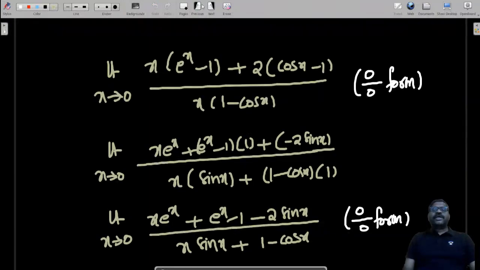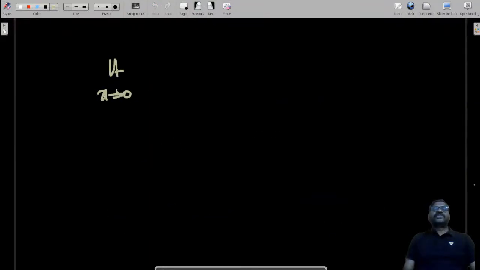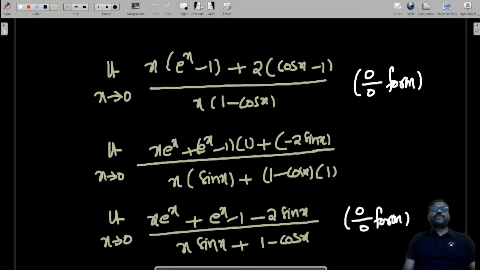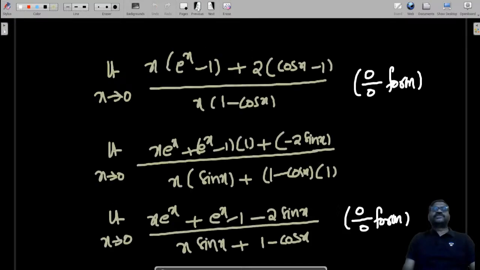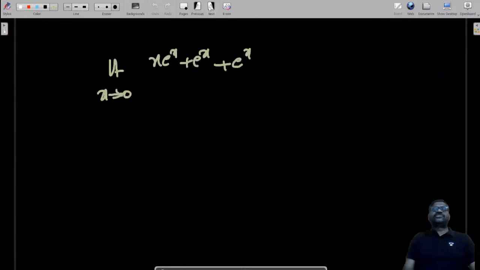Limit x tends to 0. X into e power x plus e power x. Differentiation of e power x minus 1 is e power x. Differentiation of minus 2 sin x is minus 2 cos x.